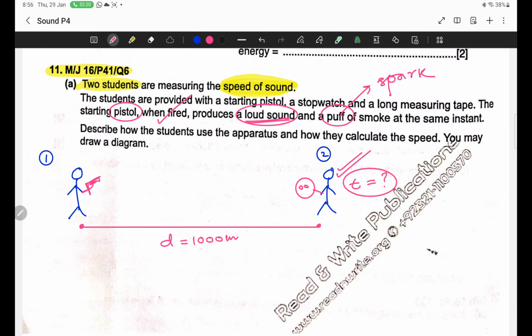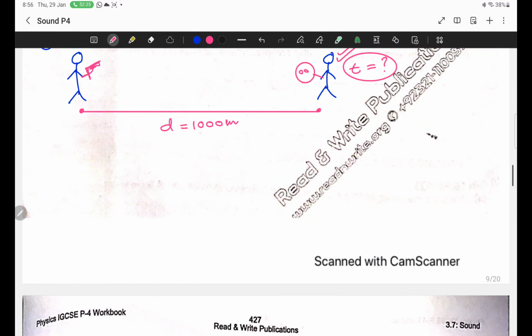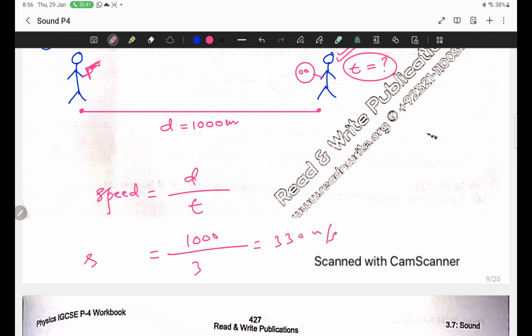So you take the average, and then speed is equal to distance upon time. Distance is already measured, and time is measured by the stopwatch. Consider the time is 3 seconds. Then the speed of sound will be 330 meter per second. So you can measure the speed of sound by this experiment.